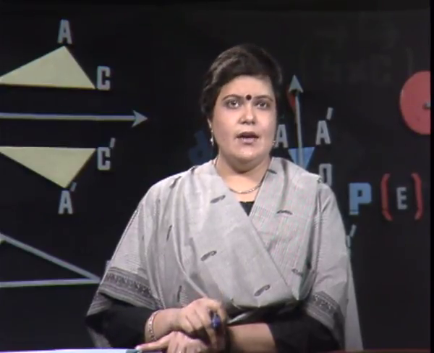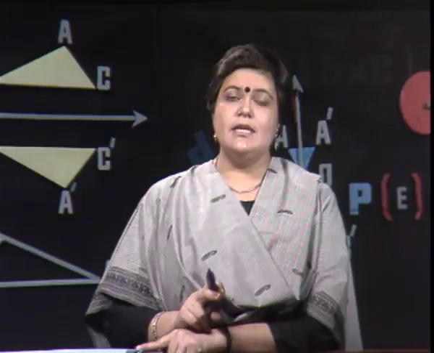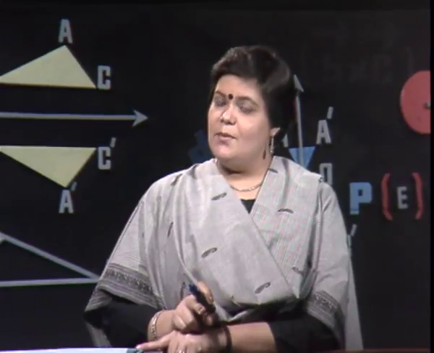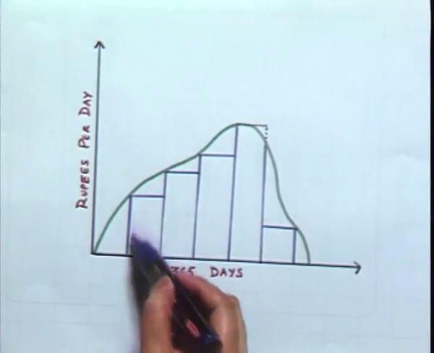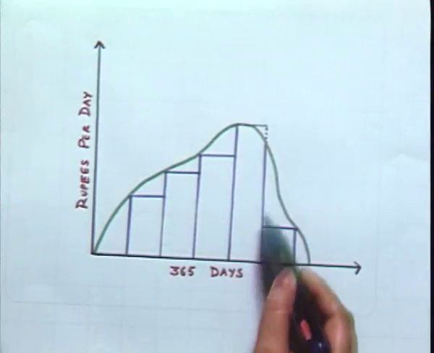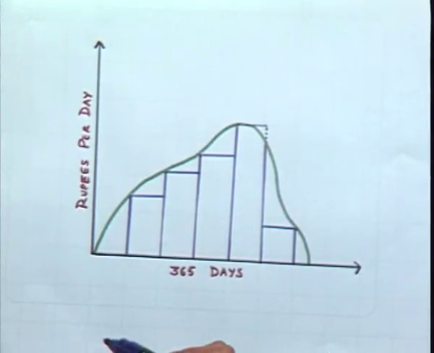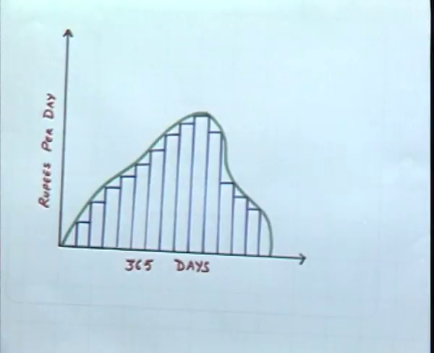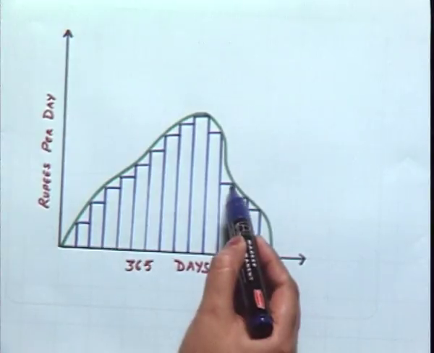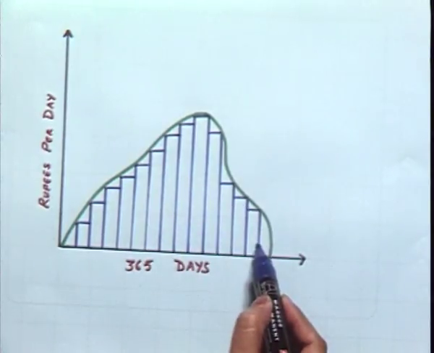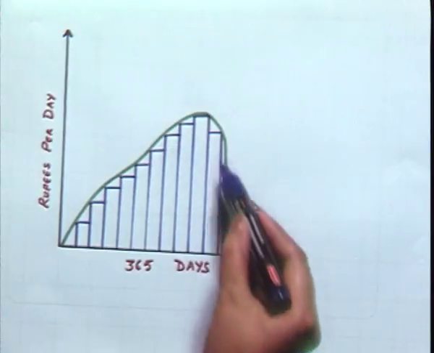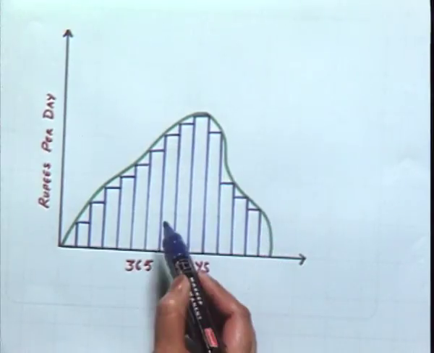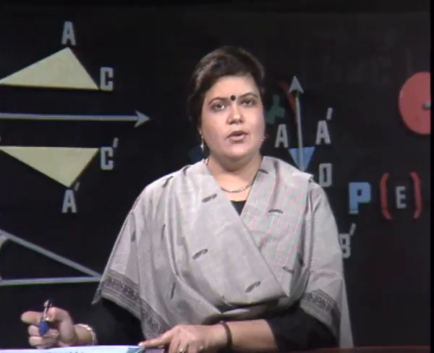Calculus helps us here. Calculus helps us in finding such areas by inserting a number of rectangles in between this region, and as the number of rectangles is increased, you can see here the difference between the total of the areas of the rectangles and that of the area under the curve reduces almost to 0.